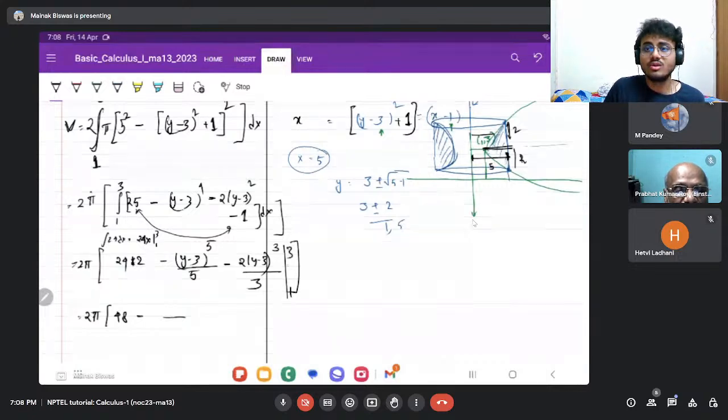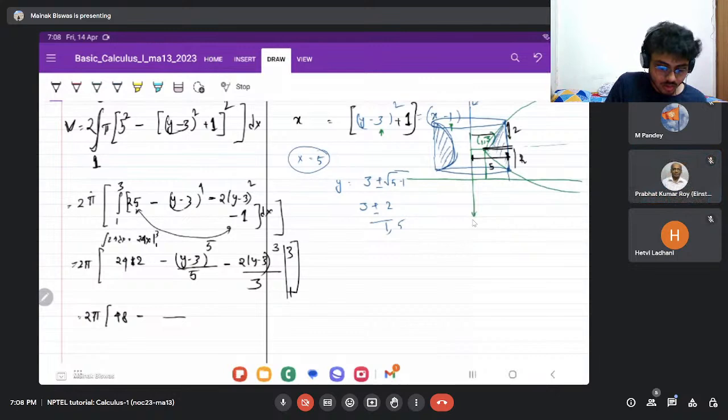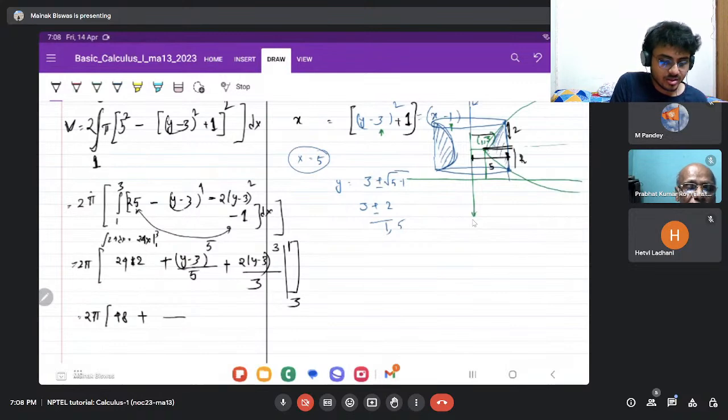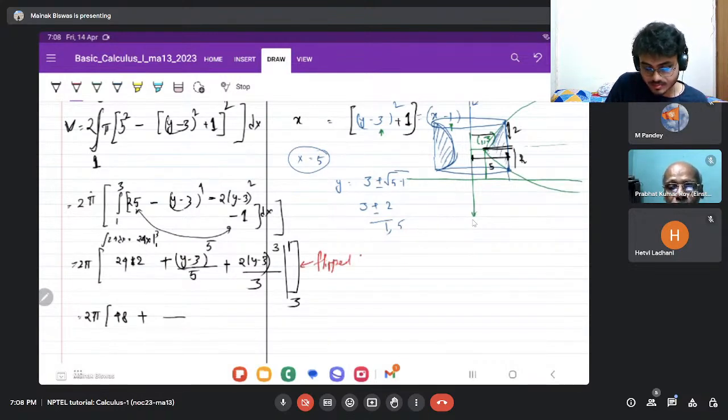So you see the function value is 0 at 3, so you need to consider 3. So you'll be left with only positive values. Agreed? I'm just flipping the limits. If I flip the limits, negative becomes positive. Do I agree? Flipped limits. If I flip the limits, negative becomes positive by the fundamental theorem of calculus.